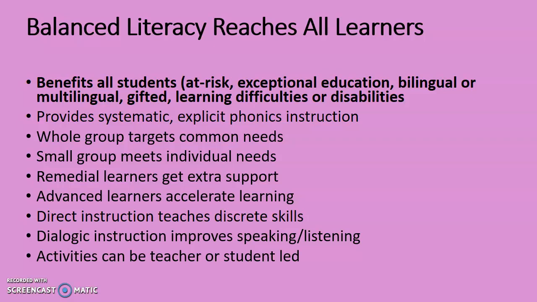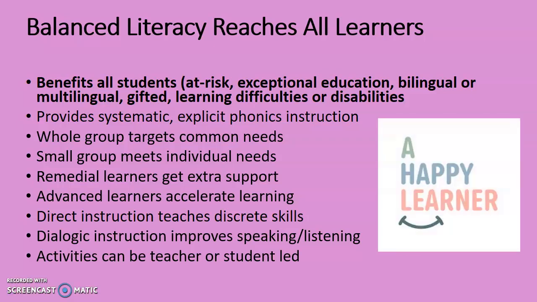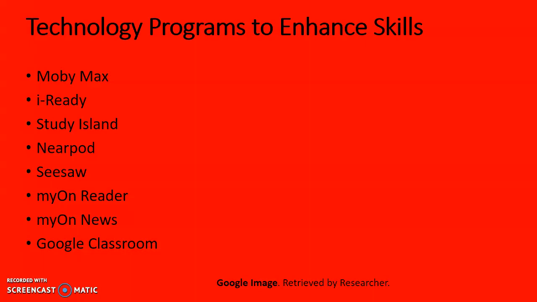This particular philosophy can help all learners. Systematic explicit phonics is included, along with whole group, small group, and remedial help. We can accelerate learners through advanced lessons, direct instruction, and dialogic instruction that improves reading, speaking, and listening, and activities can be teacher and student read. We definitely want a happy learner.